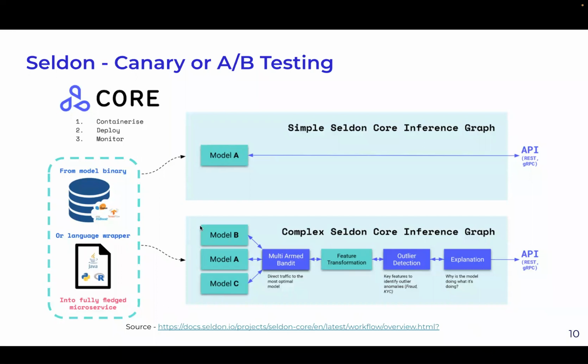Apart from that, this is another example of a complex Seldon Core inference graph. Here, this multi-armed bandit is similar to Canary testing or A/B testing. These are just different methods of routing incoming requests to different models in different proportions.